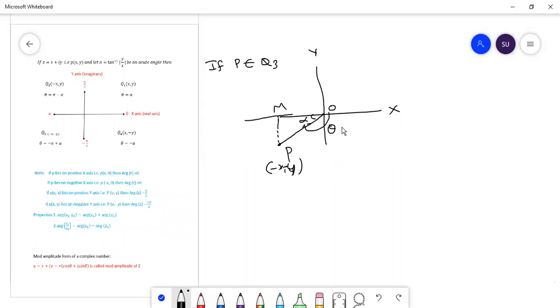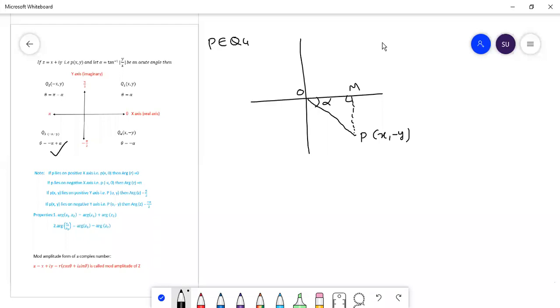The whole thing is pi, so theta is pi minus alpha, but it is in the negative direction. That means minus theta is equal to pi minus alpha, which implies theta is equal to minus pi plus alpha. That's why when it is in the third quadrant, the argument of z is defined as theta equal to minus pi plus alpha.